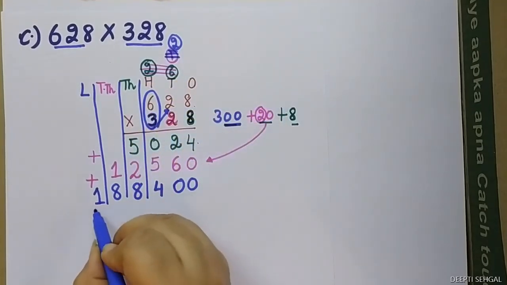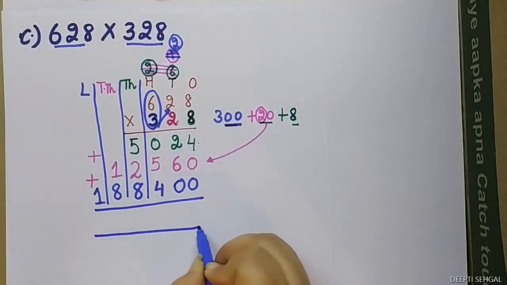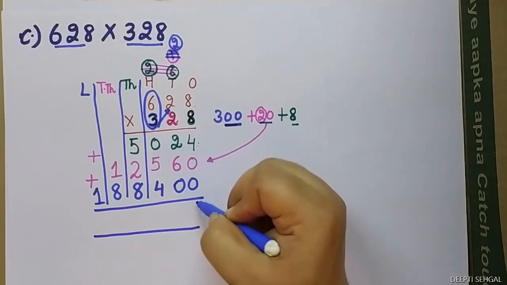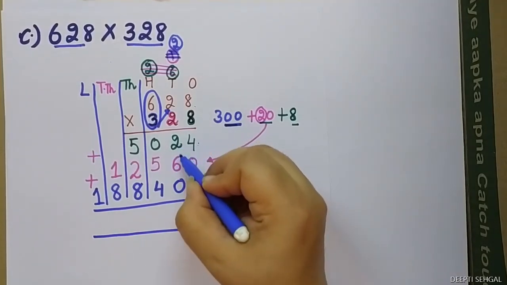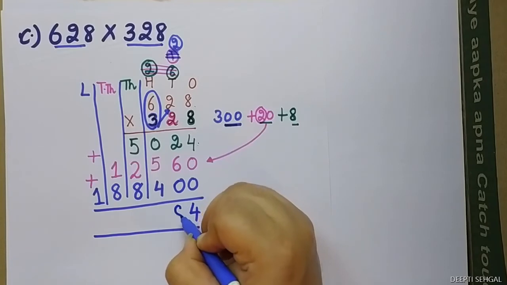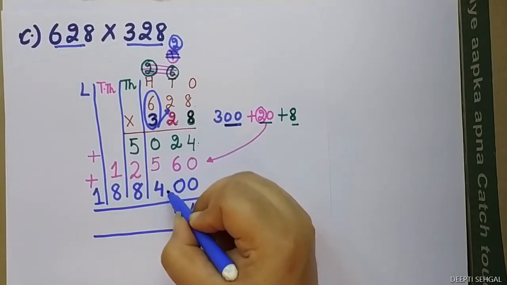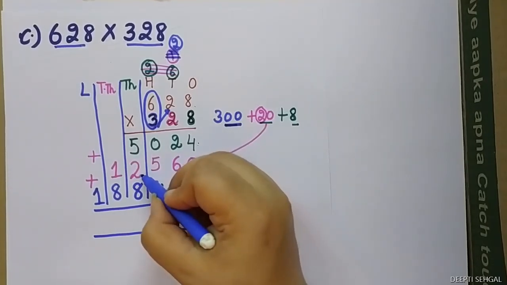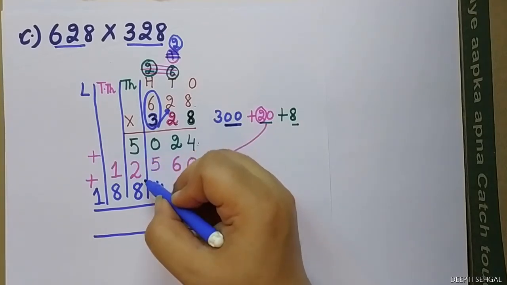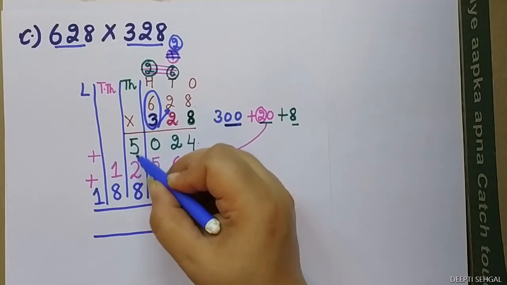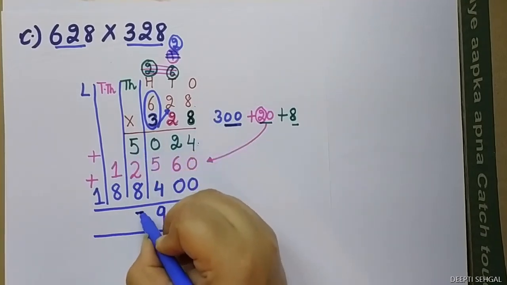Okay. Now we will add. 4 added to 0, 0 is 4. 2 added to 6 is 8. 5 added to 4 is 9. 5. Okay, I can add like this. Let me make my calculation easy. 8 added to 2 is 10. 10 plus 5, 15. Easy.